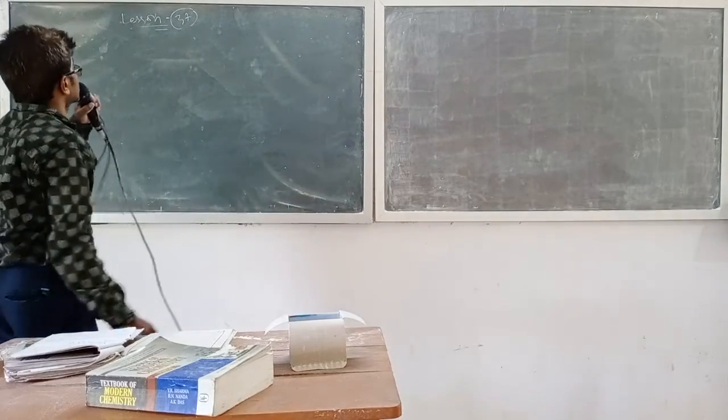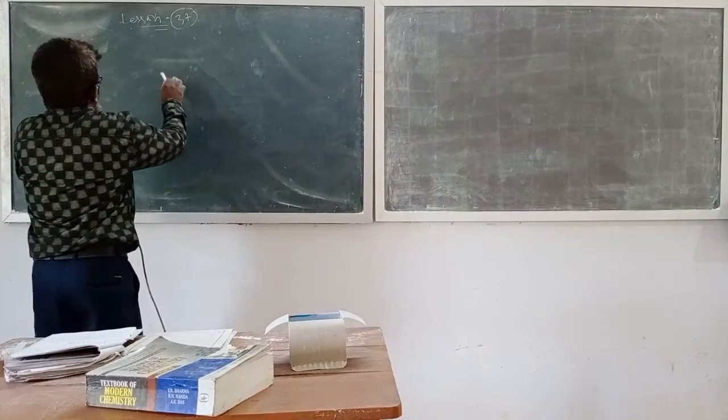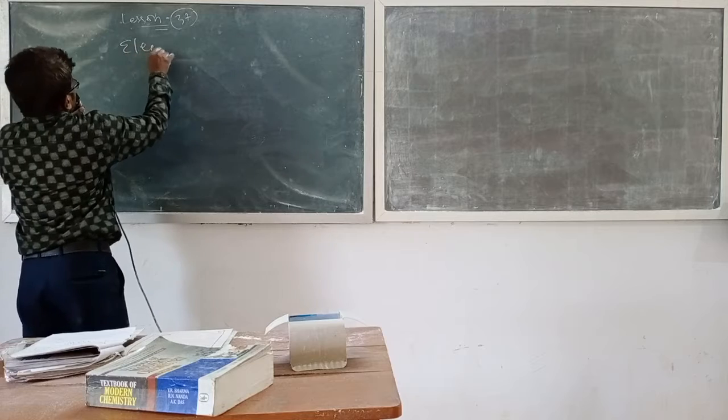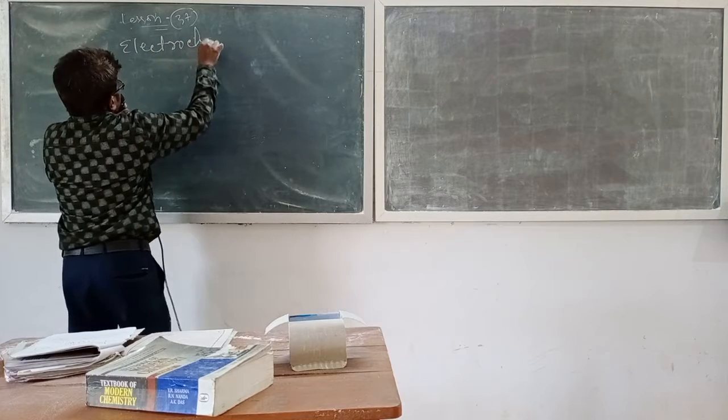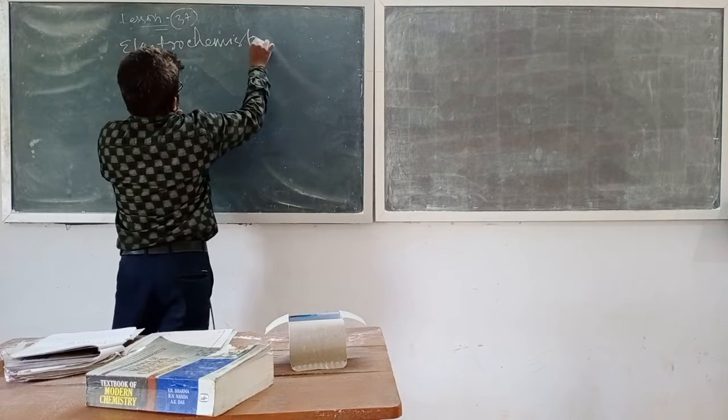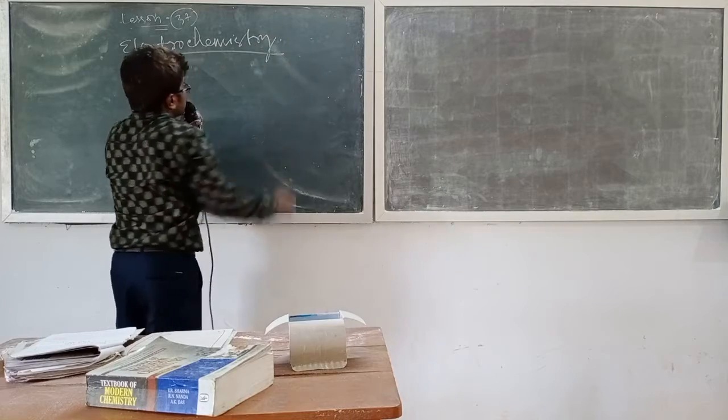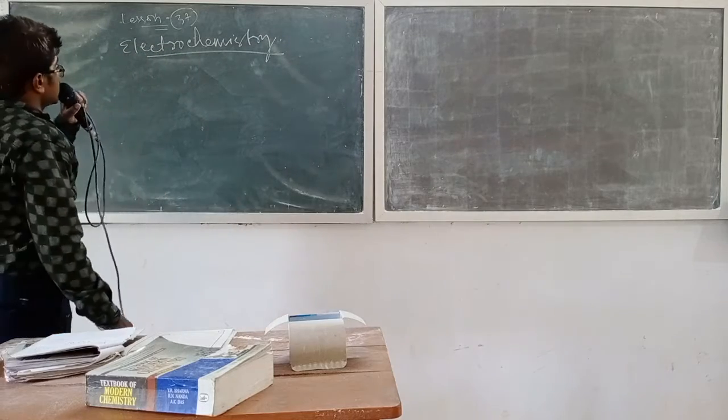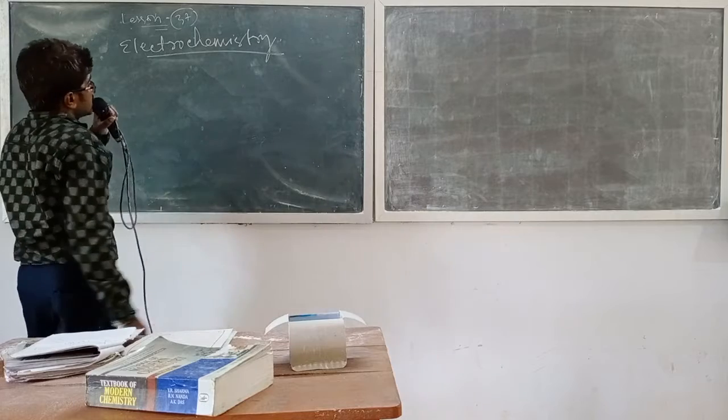Now we start a new chapter, that is electrochemistry. This is chapter number 3. We can define it like this.